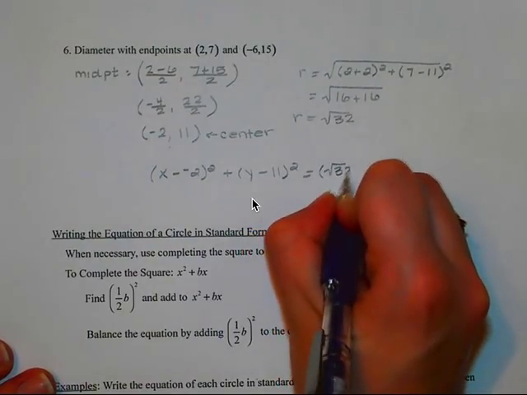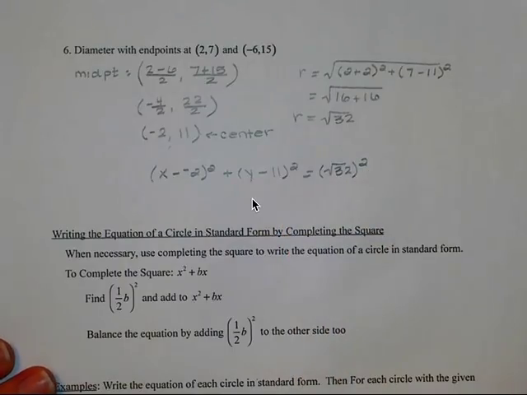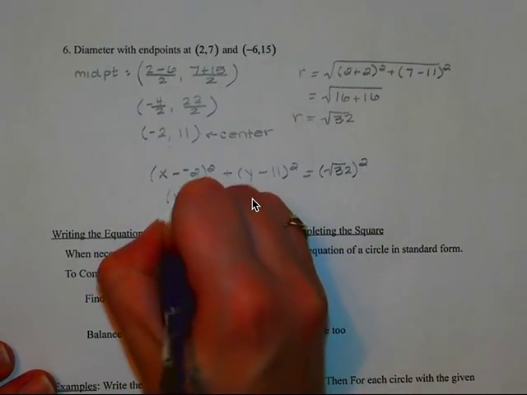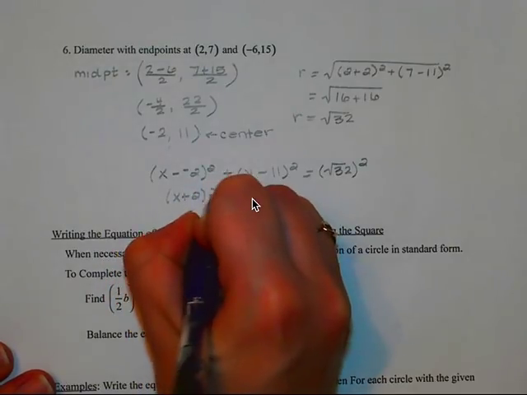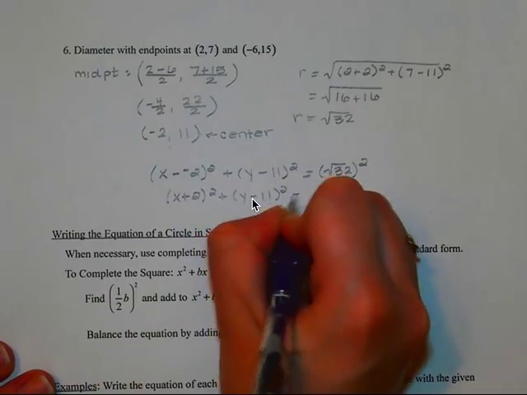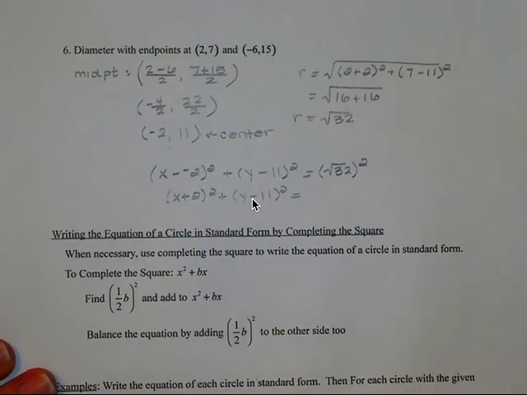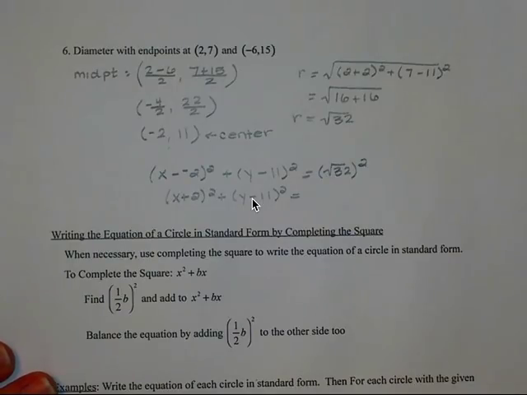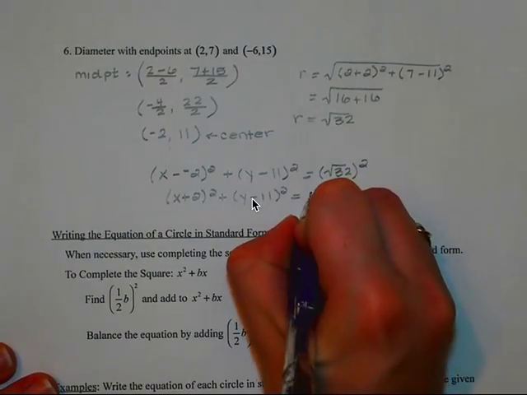So the square root of 32 squared. The left side of the equation cleans up to x plus 2 squared plus y minus 11 squared. And on the right side, the reason I did not simplify the radical is because the square root of 32 squared is simply 32.